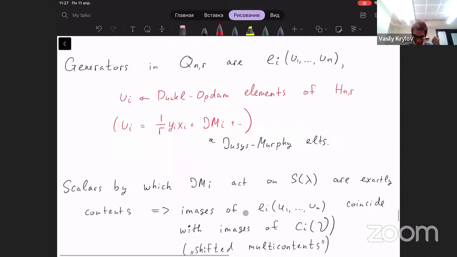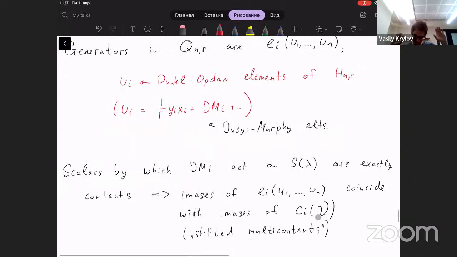So we see that the image of these Dunkl-Opdam elements coincides with the images of the Chern classes of V, since both of them are these shifted multi-contents of the Young diagram. I believe that from this description, it's easy to believe that you get something very similar to the content, slightly shifted. Okay, so any questions about this proof in general?